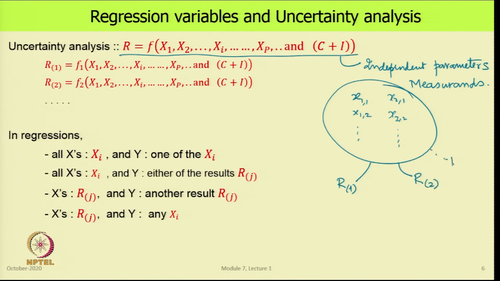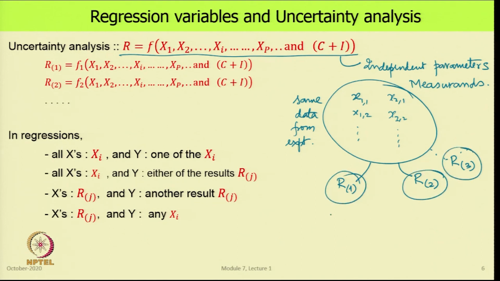And like that, we could calculate many other result relations. So, the point is that from the same set of data that we got from the experiment, we could generate different results.